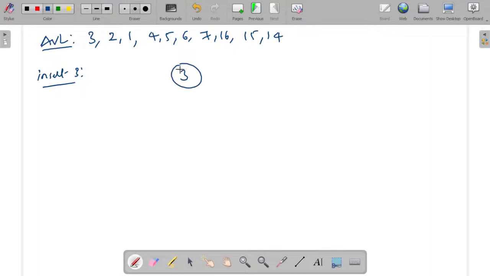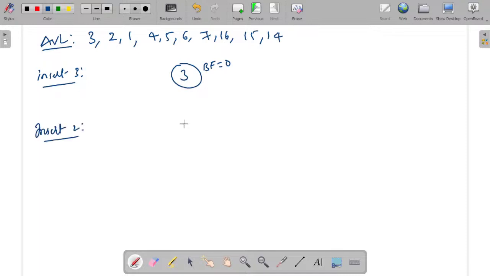But it is important to update balance factors for all the nodes after performing any operation in AVL tree. Here the balance factor for this node is 0 because we don't have anything in the left subtree or the right subtree. Now we will insert the next number, which is 2.